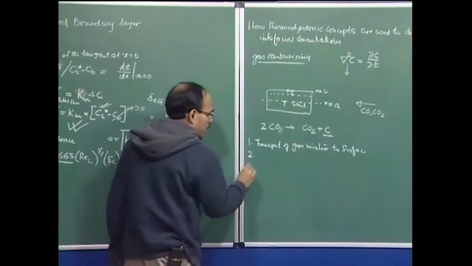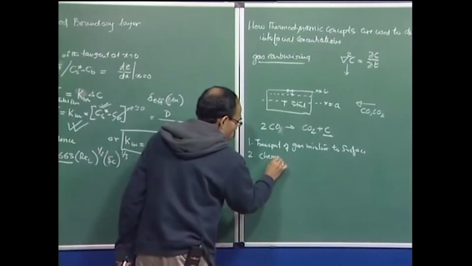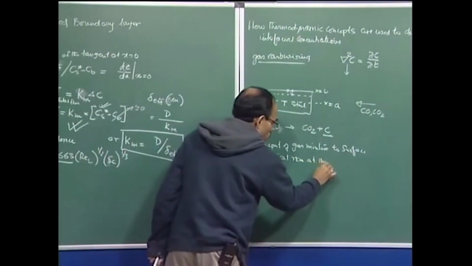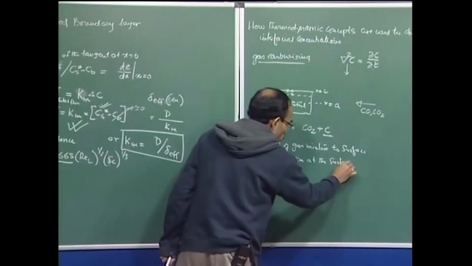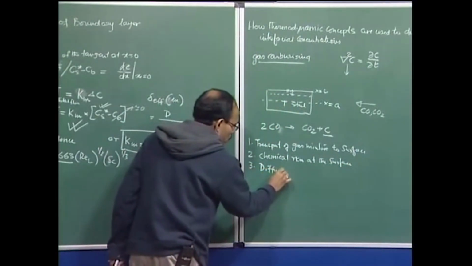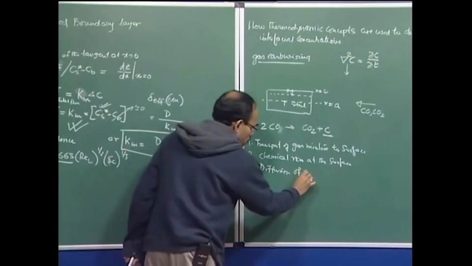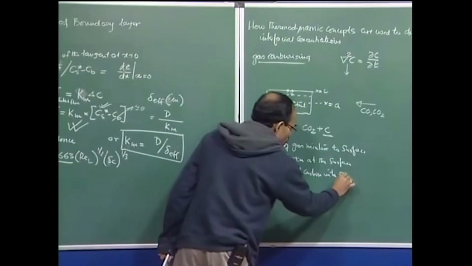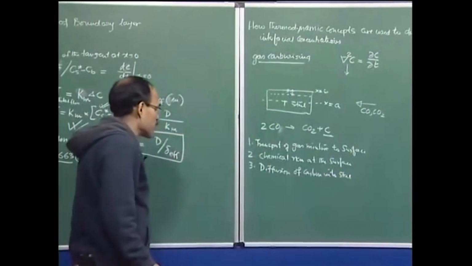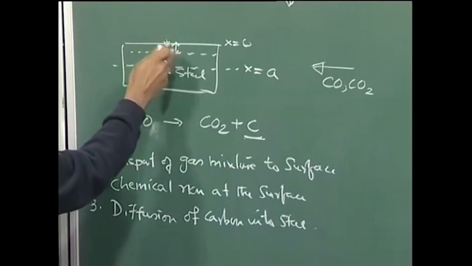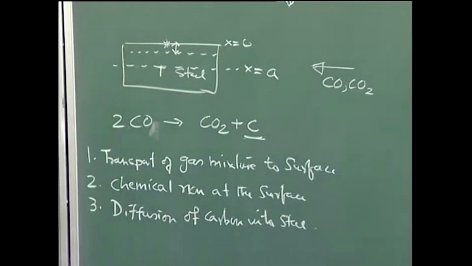Number 2, chemical reaction at the surface, and number 3, diffusion of carbon. So, the rate at which carbon or the case depth is growing is a function of the rate of these three processes.